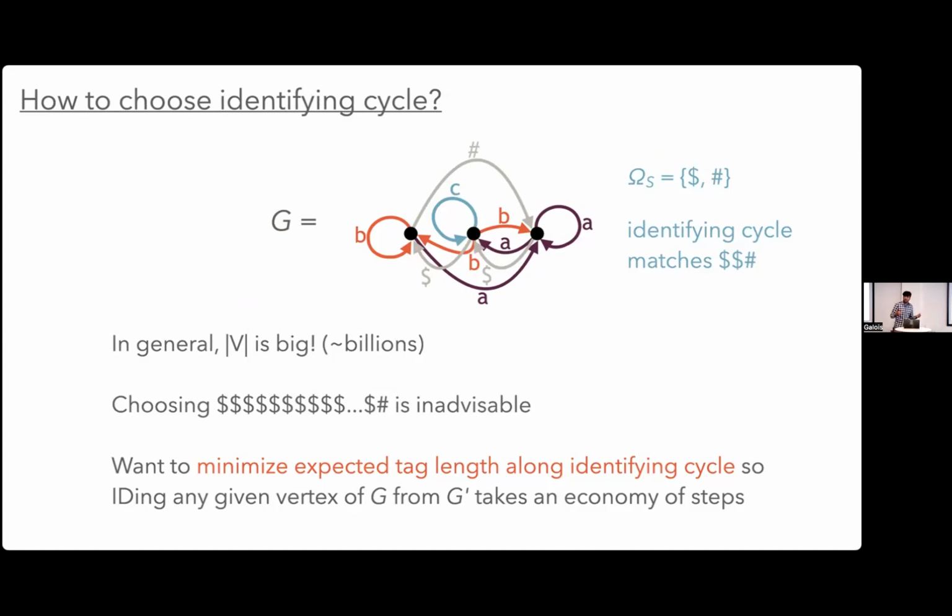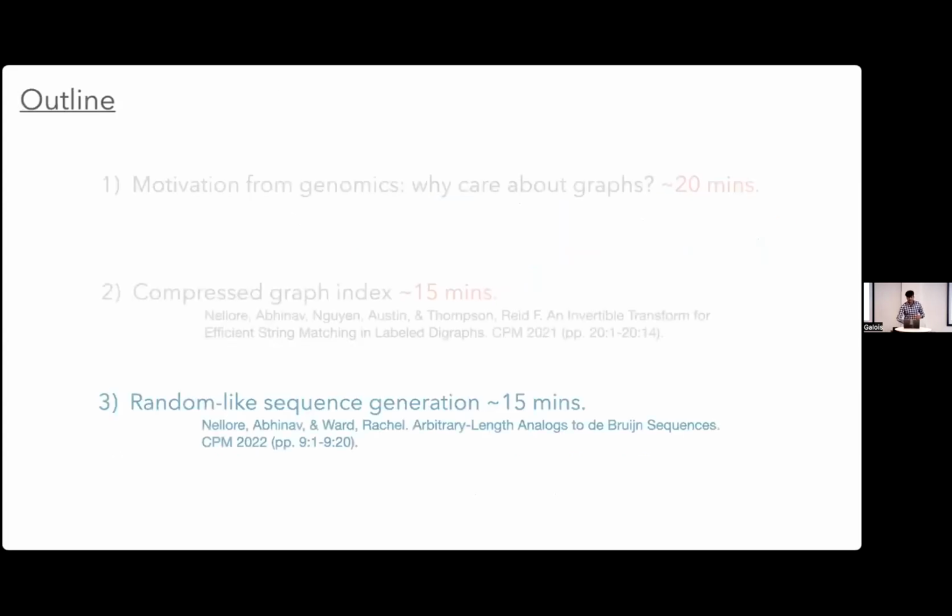And I could be really far away from that hash when I'm performing a locating walk. On average, it'll take half V steps, where V is the number of vertices in G. So what we want to do is minimize the expected tag length along the identifying cycle, so that identifying any given vertex of G from G prime takes an economy of steps. And that brings me to the last part of my talk on random-like sequence generation.